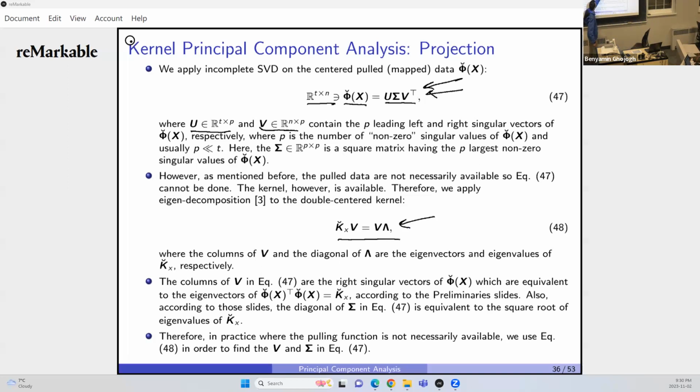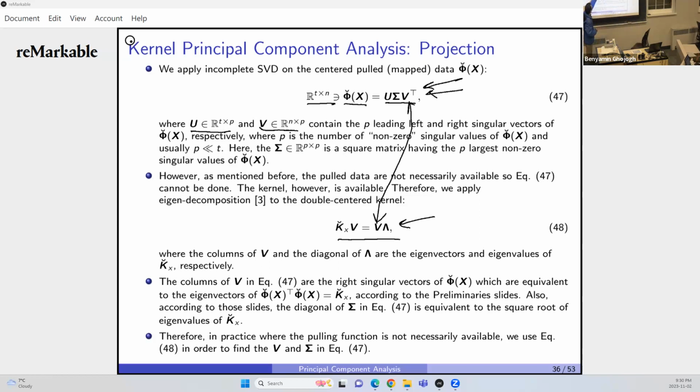So it's the eigenvalue decomposition of K breve, right? V here, I denoted by V, is the eigenvectors of K breve. What is K breve? It's phi breve transpose phi breve. According to equation 47, these two V's are the same V's.